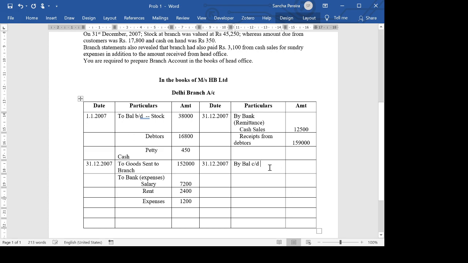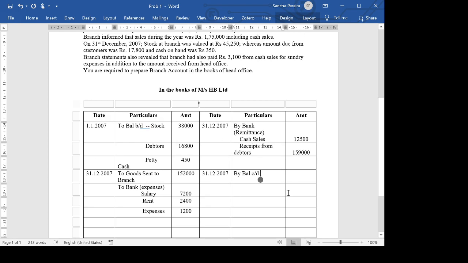So the balance is of stock here. The stock is 45,250. Then we have the amount due from customers. You can either put it as due from customers or you can put it as debtors.